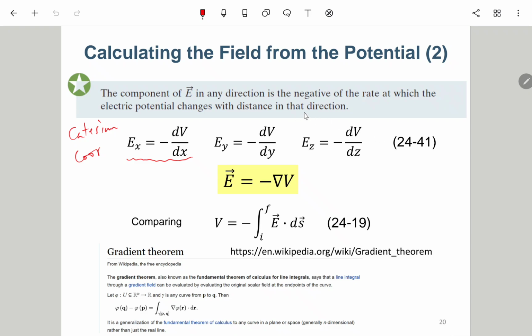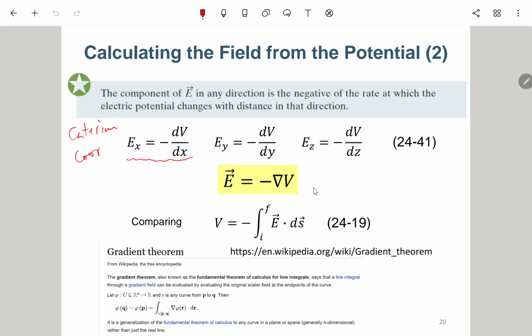Okay, so if we need to write this in three equations, it will be quite troublesome. In mathematics, the physicists or mathematicians are usually lazy to write three equations if they are quite repetitive.